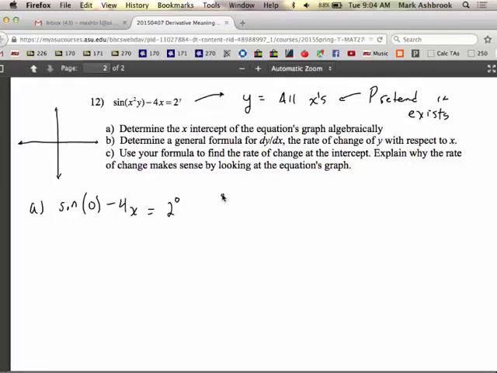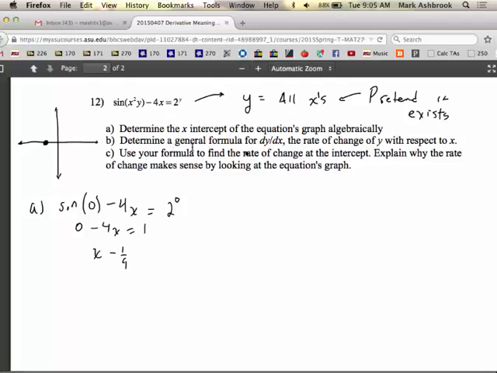Sine of 0 is 0, 2 to the 0 is 1, so x equals negative 1/4. At x equals negative 1/4, that's an x-intercept. There's a whole mess of other points that form a graph such that every x and y coordinate makes that equation true, and that's the graph of this equation.